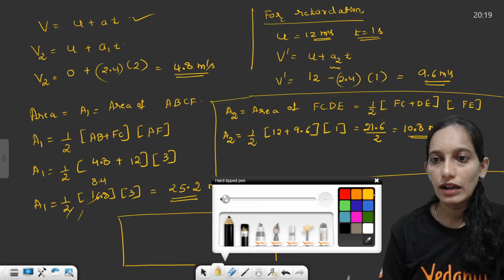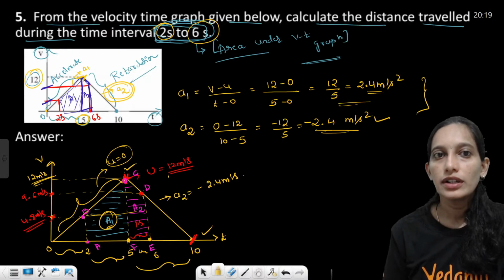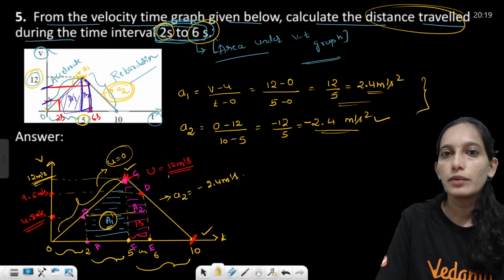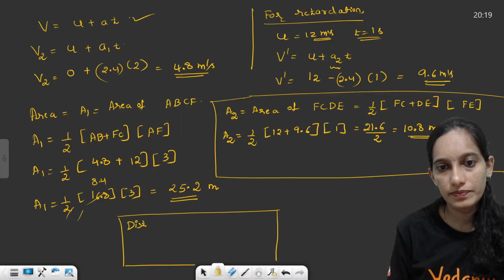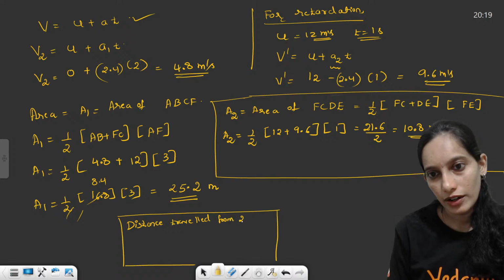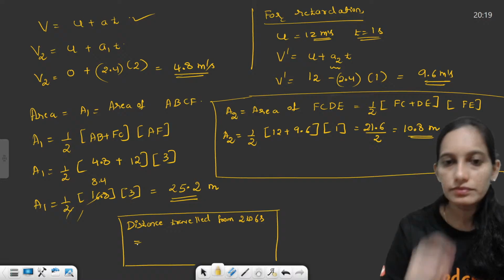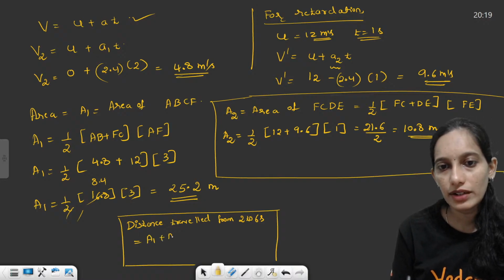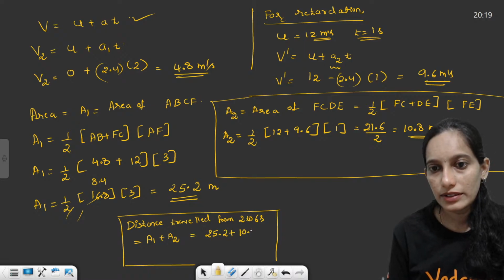So now the last one, the total distance traveled that was asked, distance traveled from 2 to 6 seconds will be equal to A1 plus A2, that is 25.2 plus 10.8.